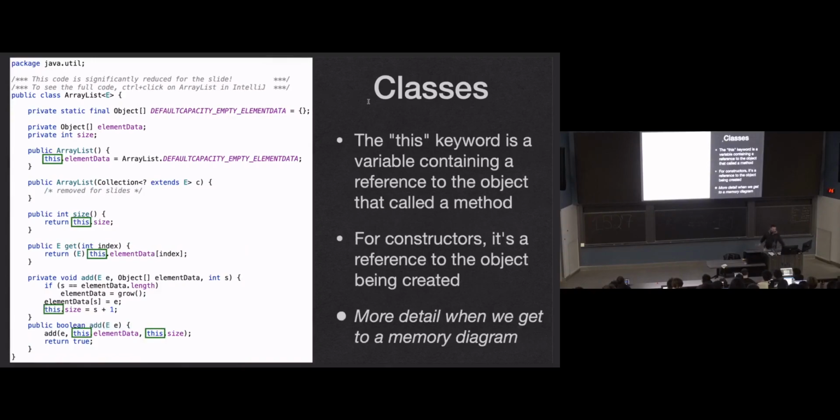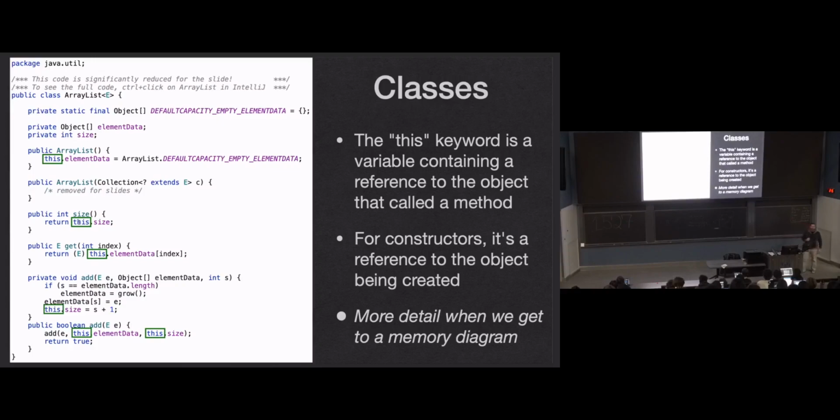We see the keyword this all over the code. I'll talk about the keyword this a bit more when we get to the memory diagram. But this, the keyword, is going to store a reference to what I'll call the calling object. Whatever object called the method, this is going to be a reference to that object. So when you call r1.size, this is going to be whatever reference is stored in r1.